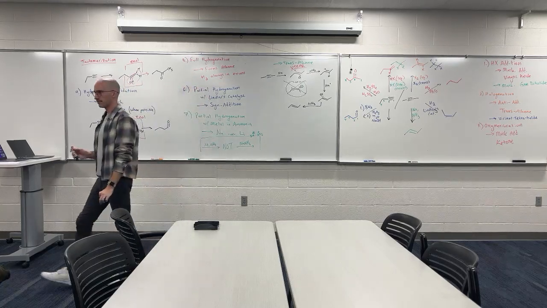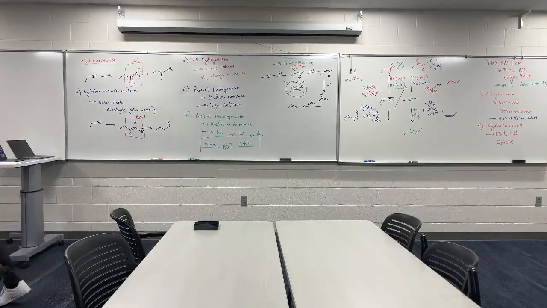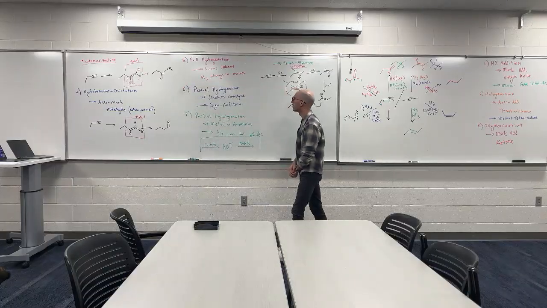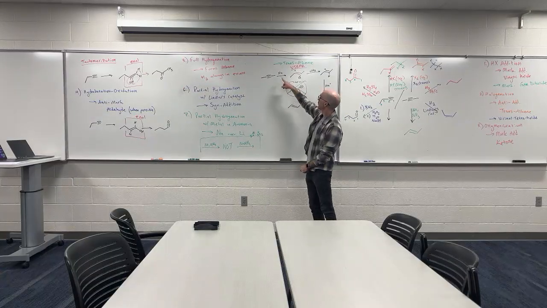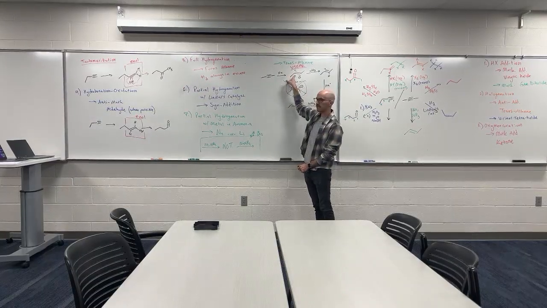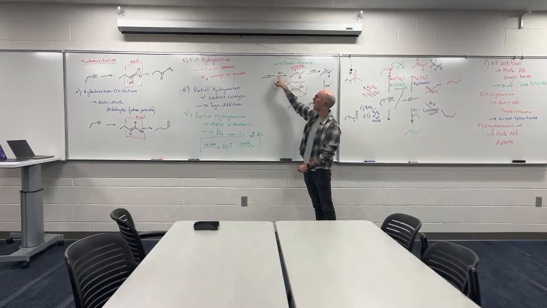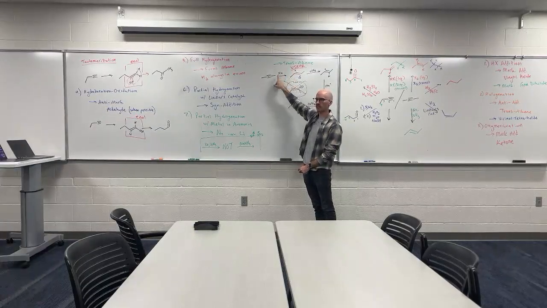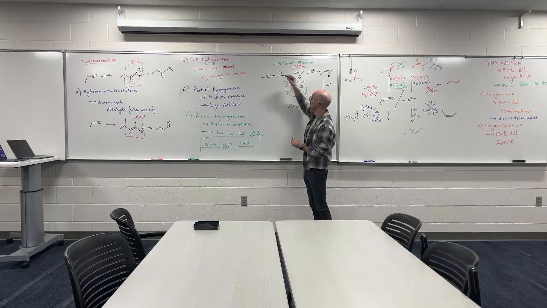Did you guys figure it out? What we're missing? What happens to Na? It gave its electron here. Do you know how many valence electrons Na has? 1. So sodium is actually a radical.